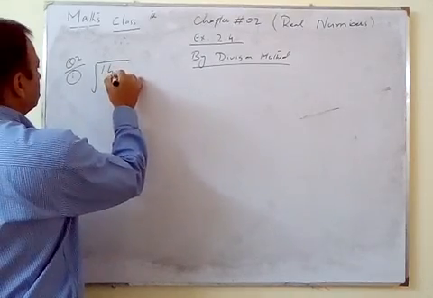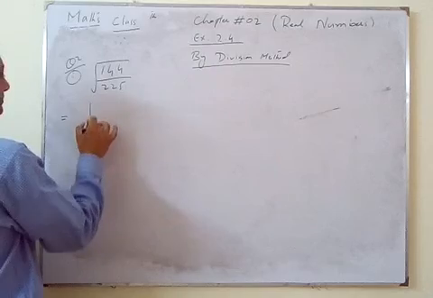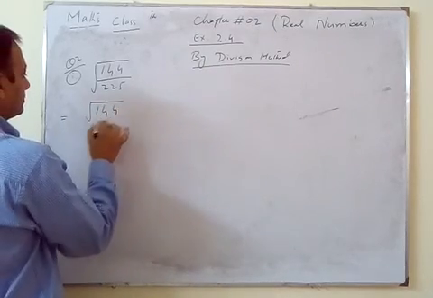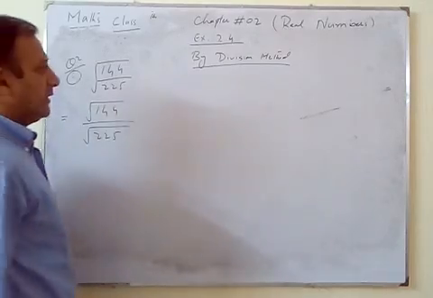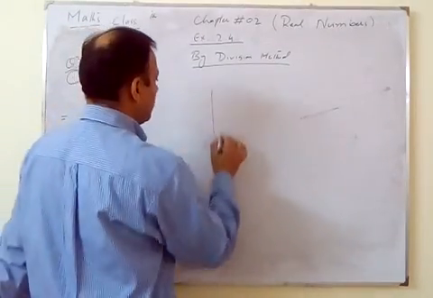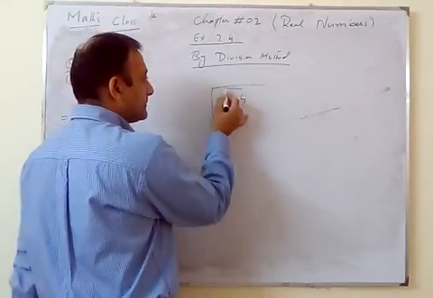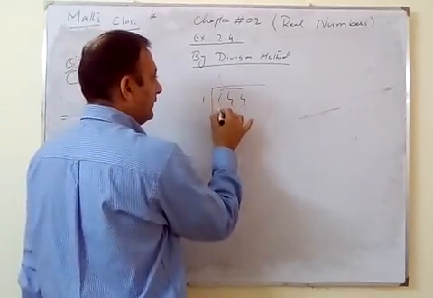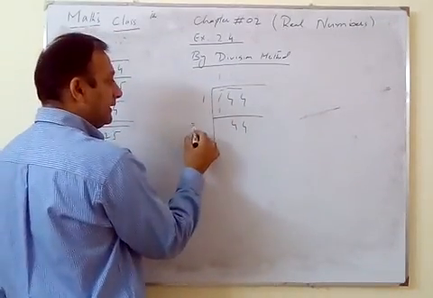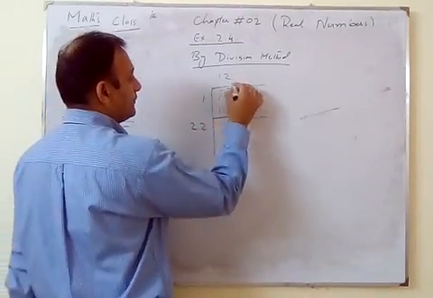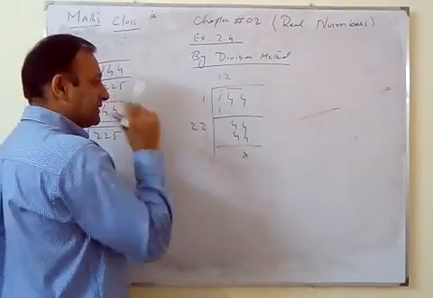Split this one and find both separately by the division method. 144: make the pairs, 1 and 44. Bring it down, make it double. Obviously by 2. So this is the answer.